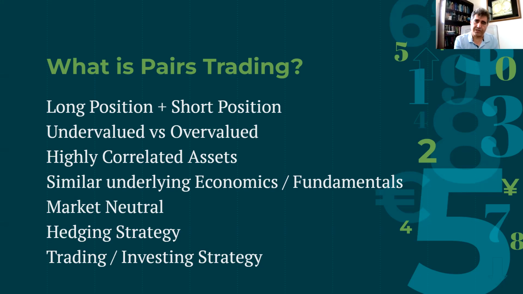The other thing is, once they're correlated, in the stock market or any type of commodities, you want to make sure they have similar underlying economic factors and fundamentals, such as the environment they're in, so they get affected equally, whether it is softness in the economy or sales. If there are stocks, they should be in similar sectors and similar industries. So that's very important, and that's one of the reasons we pay attention to correlations.